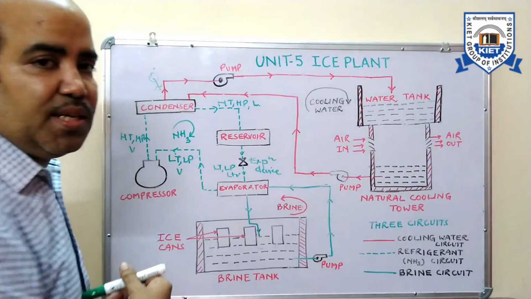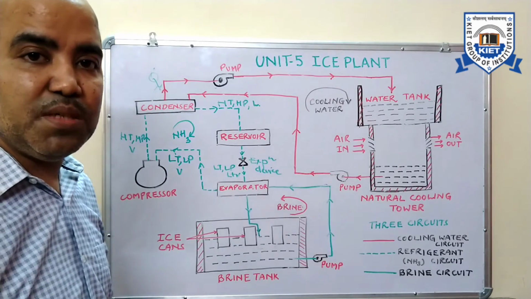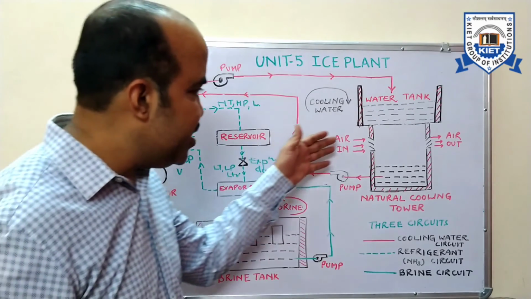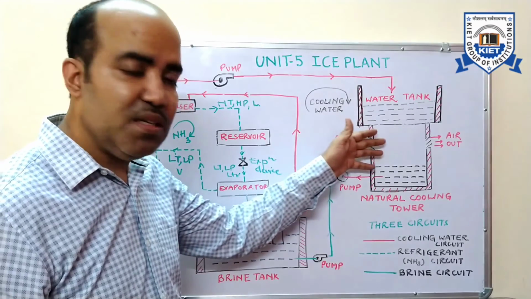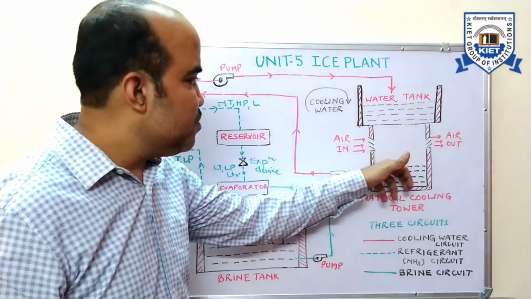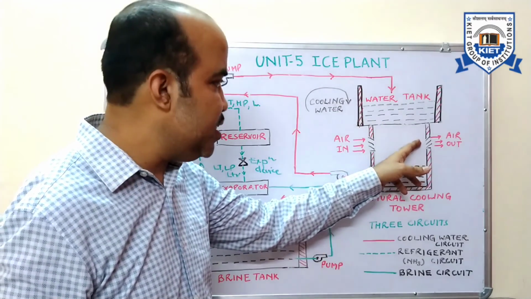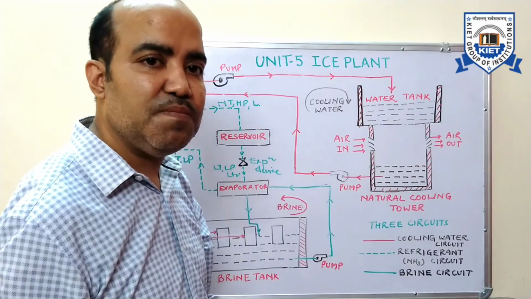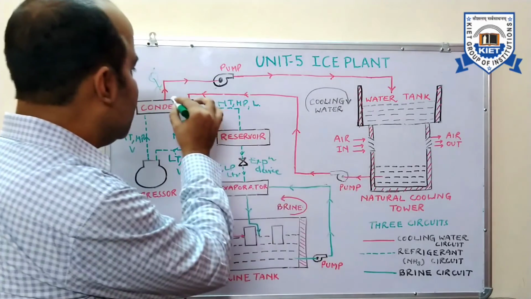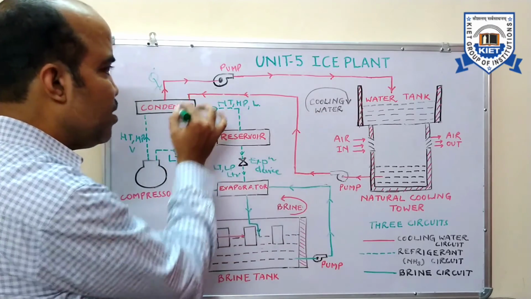You know that in a natural cooling tower the water is cooled by means of the density difference only. Air enters at a lower temperature, as you can see over here, takes away the heat of the water, and then hot air becomes available at the exit and leaves the cooling tower. The water, which becomes cool, is again pumped back to the condenser by means of this pump.